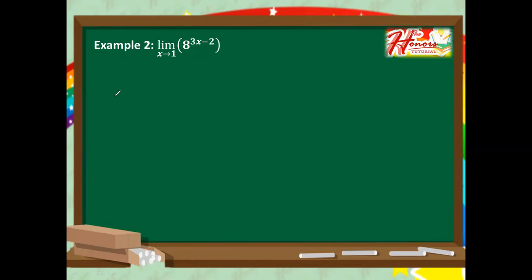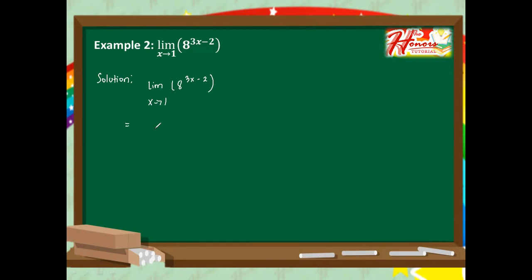So let's write our solution here. And then copy the given. So that is the limit of 8 raised to 3x minus 2 as x approaches 1.